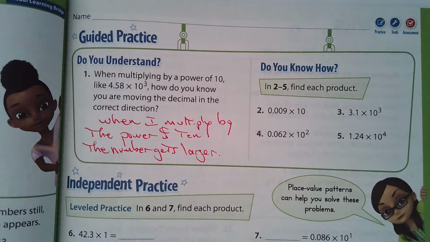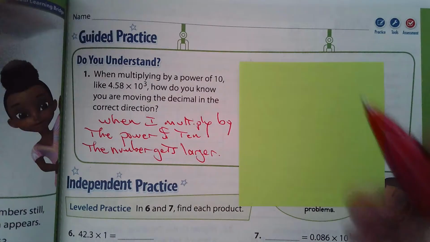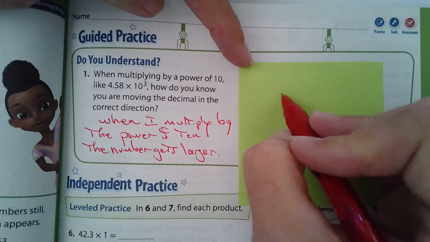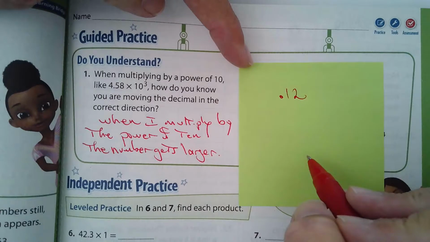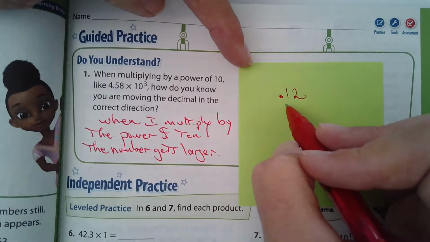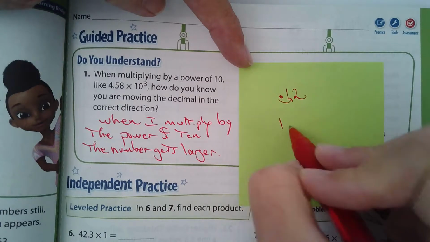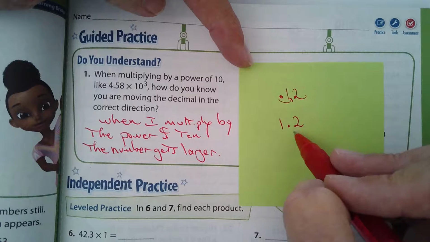as to which direction you're moving a decimal, when we're talking about the number getting larger, if I had 0.12, if I wanted to make that number larger, I would move it in that direction, because you know 0.12 is smaller than 1.2.